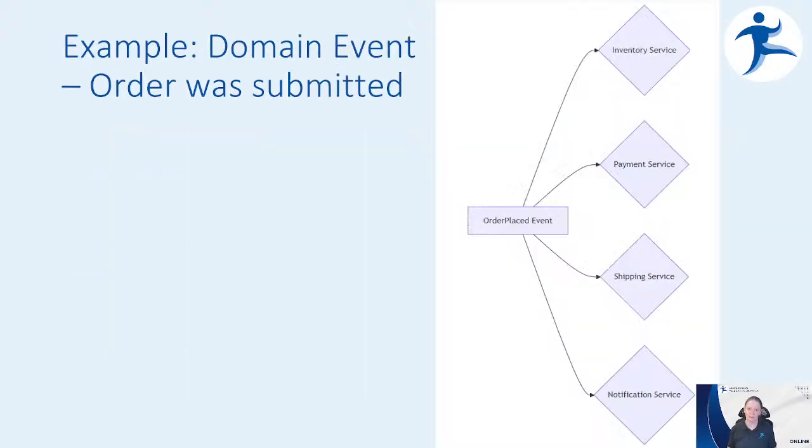When you place an order, that order placed event can trigger multiple actions. It can trigger the inventory service, like, hey, an order was placed, now we have to lower our inventory. But also the payment service, that person needs to pay for this order. And the shipping service, now we have to schedule a shipment and figure out how we make that happen.